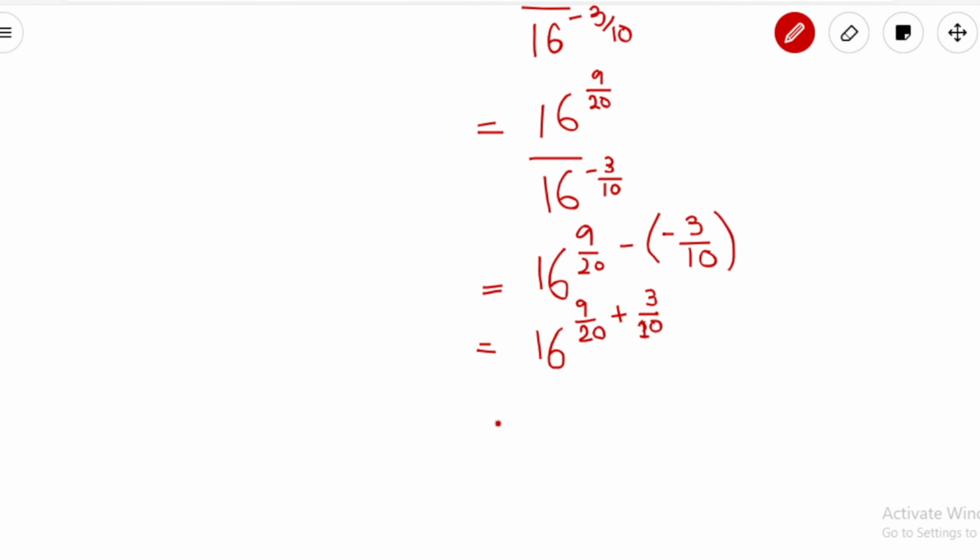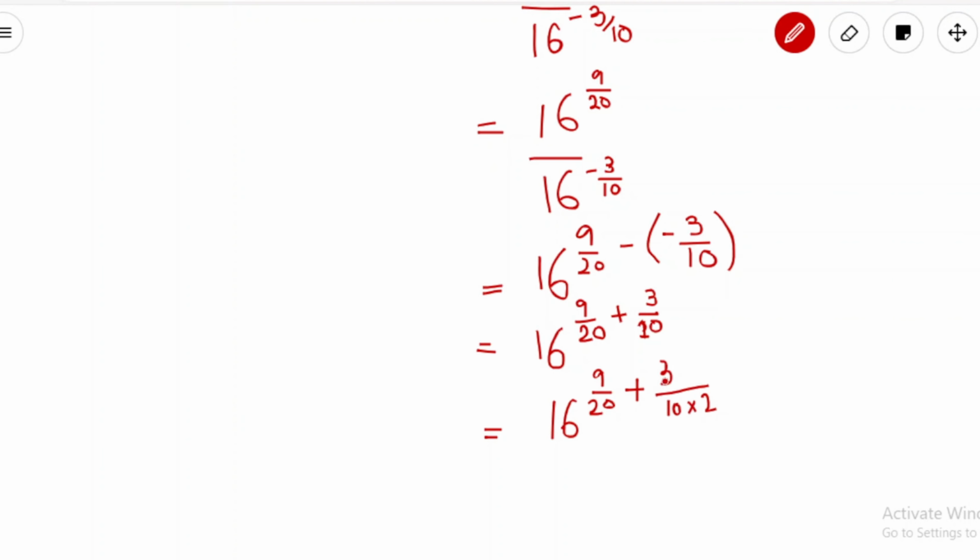So what we're going to do here is 16 raised to the power 9 over 20, and here we're just going to multiply the denominator by 2, because 2 times 10 is 20. And if we are multiplying the denominator by 2, we're going to multiply the numerator by 2 as well.